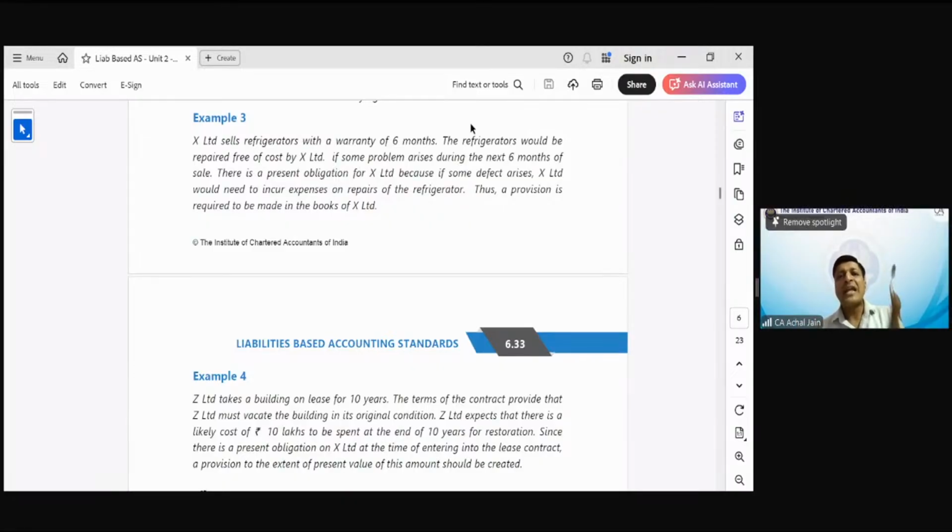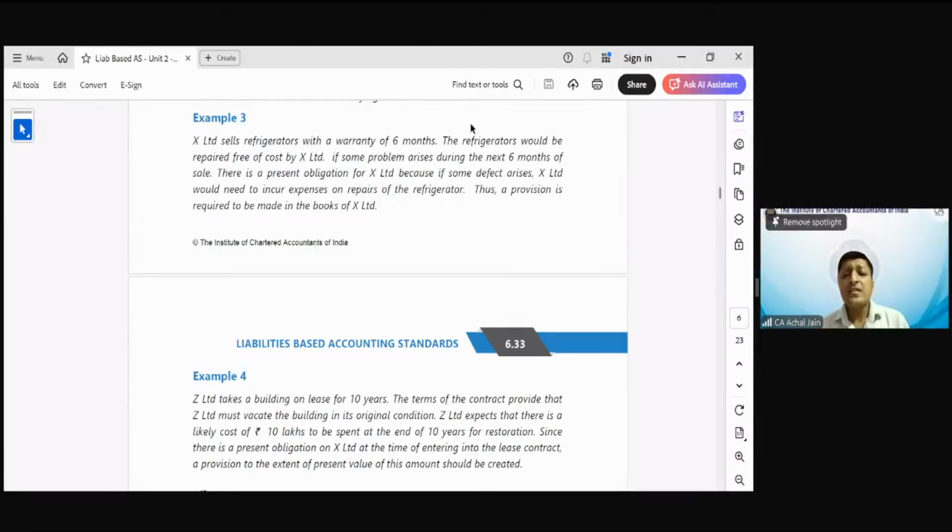The moment you sell a product, the obligation arises. That's why such an obligation is required to be recorded. Let's take one more example to discuss this. This is a very basic aspect which I am discussing only in relation to a liability. If you understand the meaning of liability, these are the aspects you need to look into.